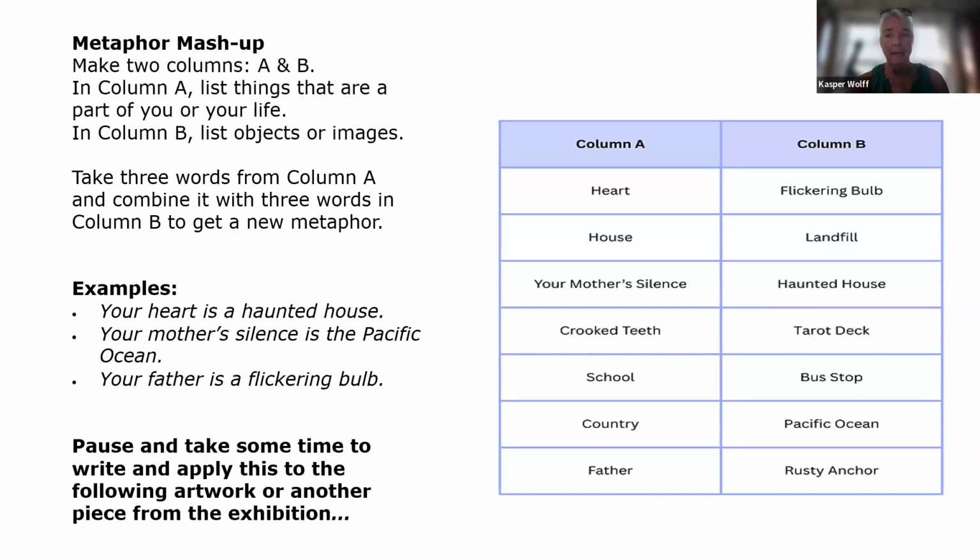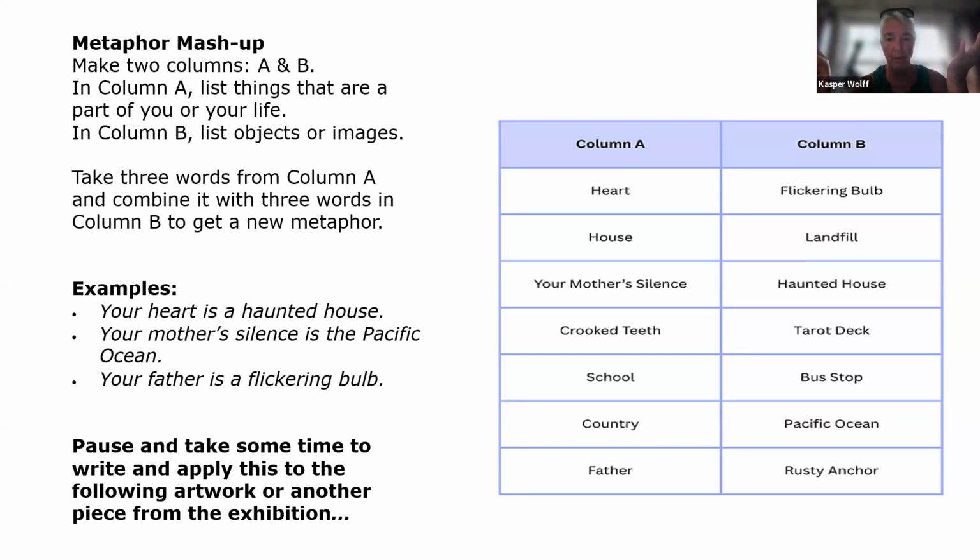Next, I am going to ask you to join me in a metaphor mashup. 2 columns here, A and B. And column A lists things that are a part of you or your life, and column B lists objects or images. So take 3 words from column A and combine those with 3 words in column B to get a new metaphor.